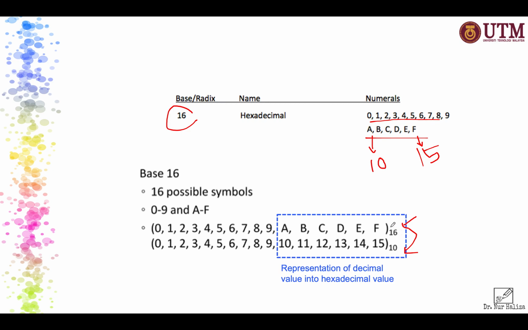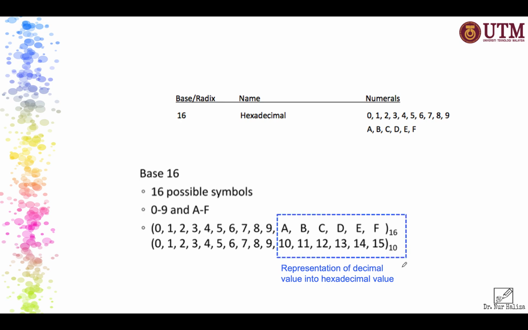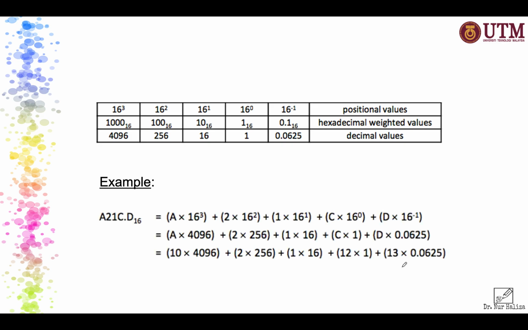This is the important part, which is the representation of decimal values as hexadecimal values. Over here you have a table, similar to our decimal and binary tables, and now we have one for hexadecimal.